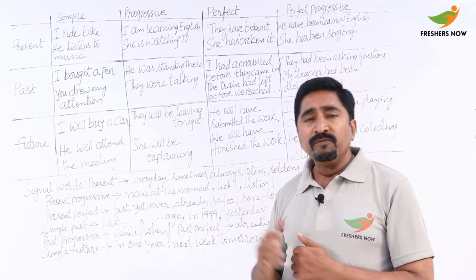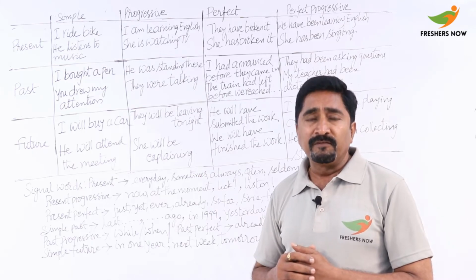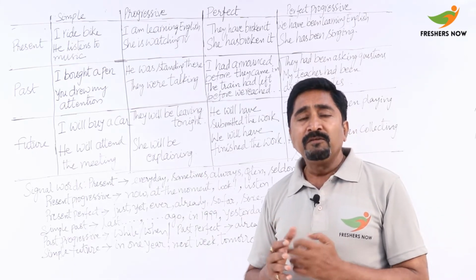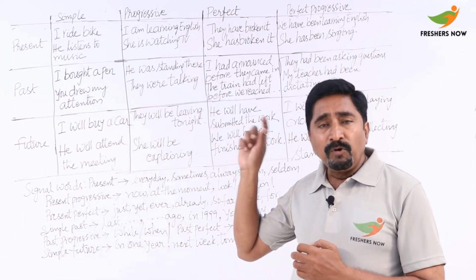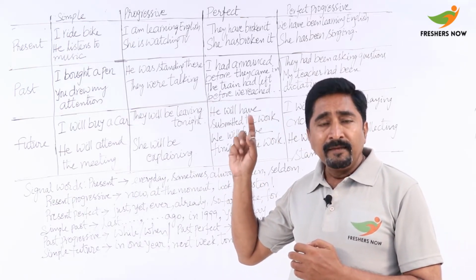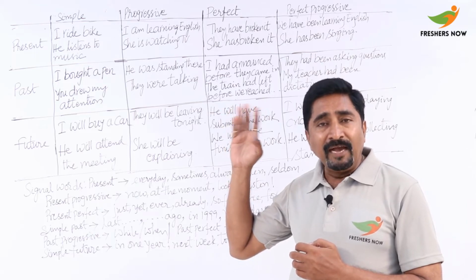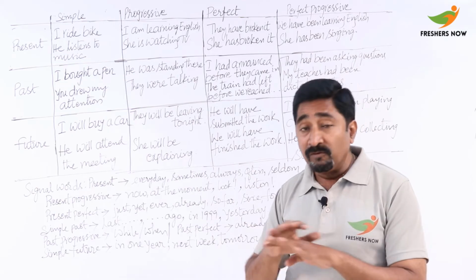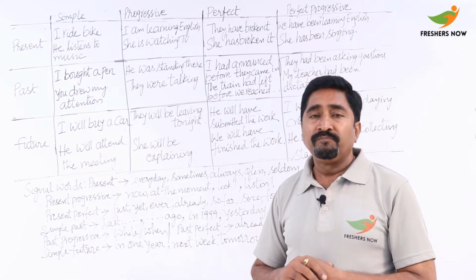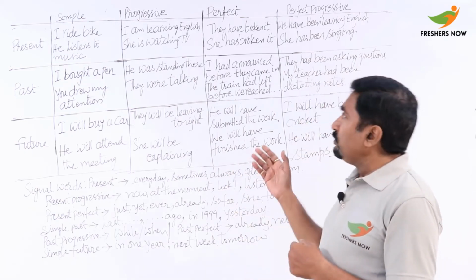Now, how do we use this past continuous tense? This past continuous tense refers to an activity started at a point of time in the past and shows its continuity in the past as well, and ends there. It doesn't come into the present. And how do you show this?